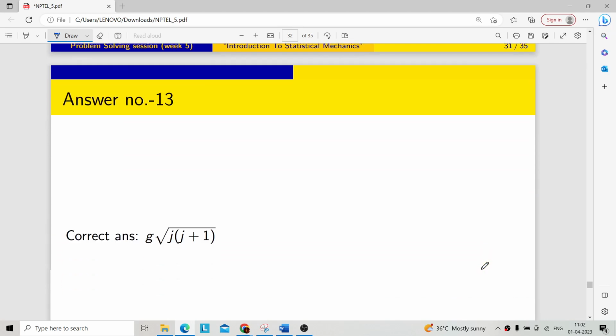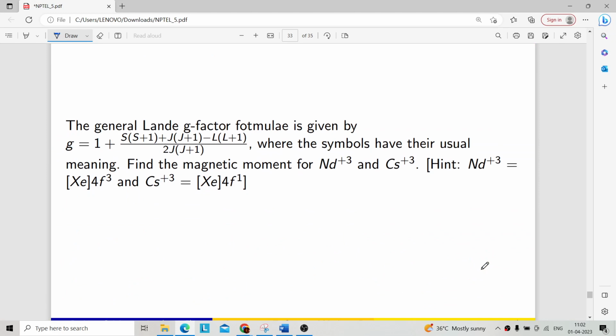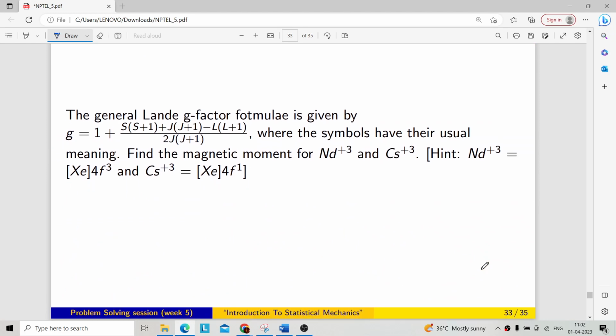So coming to the next question, here you are given a general form of the Landé G factor formula, which is G equal to 1 plus this term, where the symbols have their usual meanings.